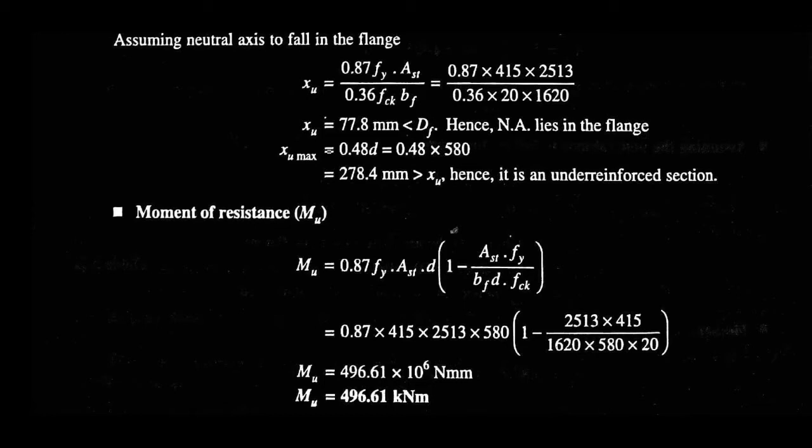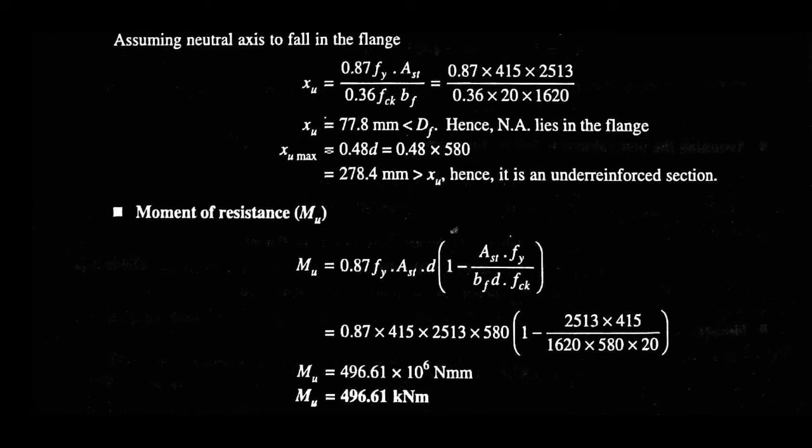That is equals to 0.87 into fy, that is 415, into Ast, that is 2513, into d, that is 580, within bracket 1 minus Ast, that is 2513, into fy, that is 415, by bf is 1620, into d 580, into fck 20. So from this, after putting these values, we can get the value of Mu, moment of resistance, which is asked in our question.